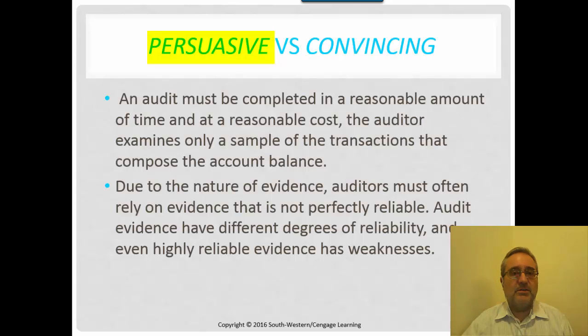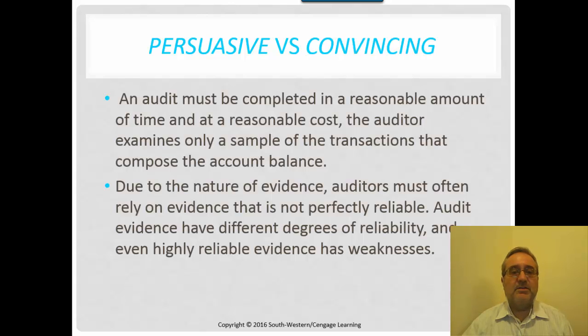Well, why is this? Well, an audit must be completed in a reasonable amount of time at a reasonable cost. The auditor examines only a sample of the transactions that compose the account balance. Also, due to the nature of the evidence, the auditor must often rely on evidence that is not perfectly reliable.